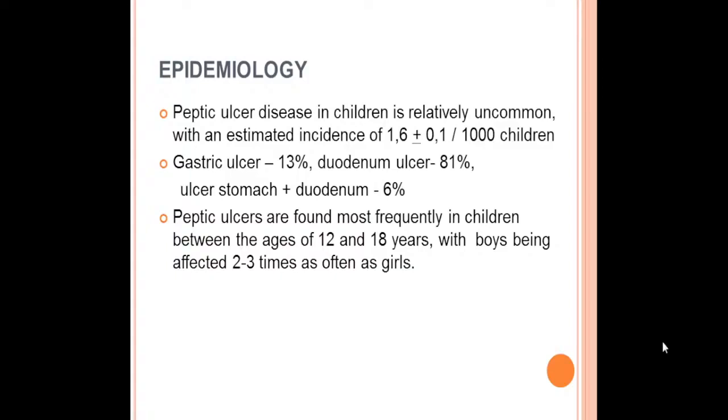A teenager in the adolescent period may have irregular feeding and stress factors, emotional stress, physical exercise, and smoking too, which play an important role in peptic ulcer in adolescents and adults.